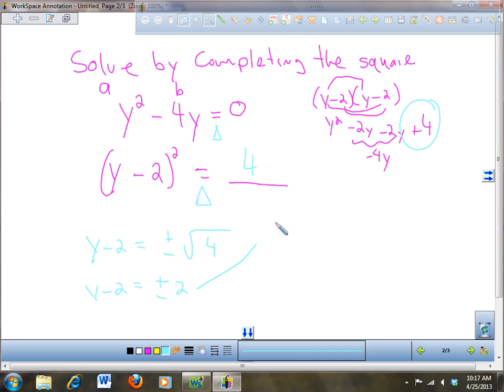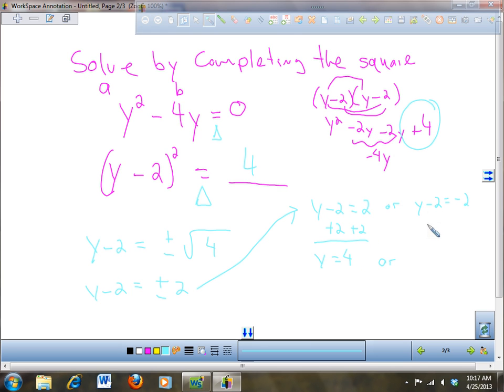So one equation is y minus 2 equals positive 2, or y minus 2 equals negative 2. And then you solve those two things independently. This one, you add 2 to both sides, right? And you get y equals 4.